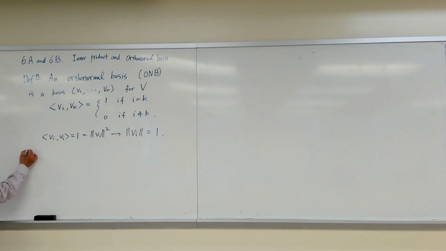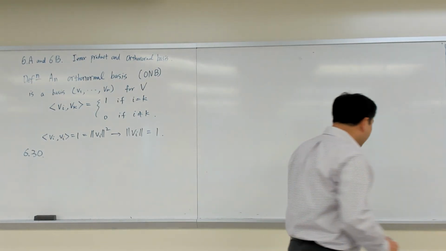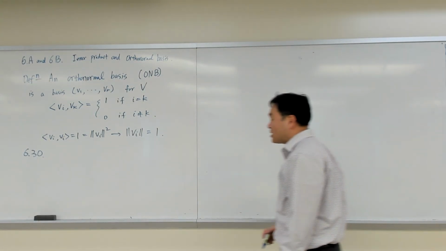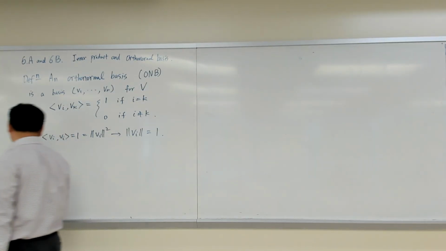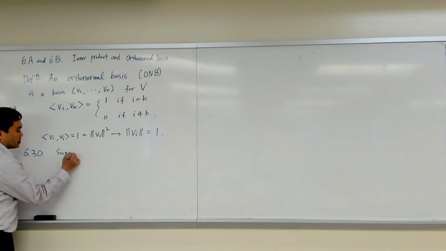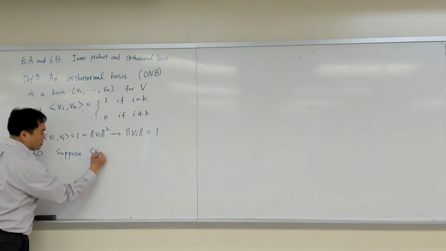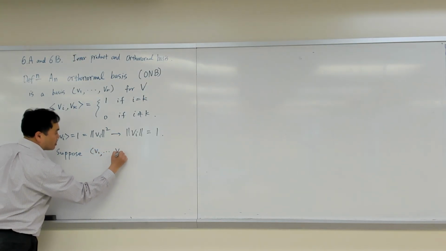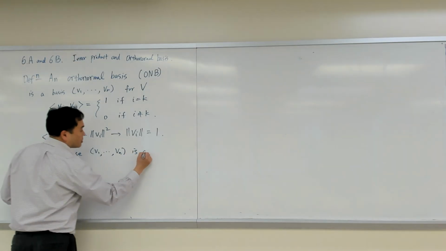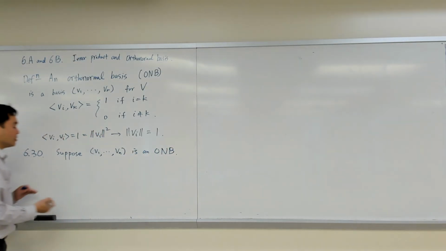And you want to have an orthonormal basis because it makes finding the representation of any vector very easy. So suppose V1 through Vn is an ONB, orthonormal basis. Okay?